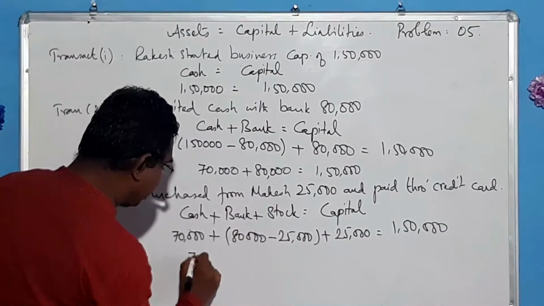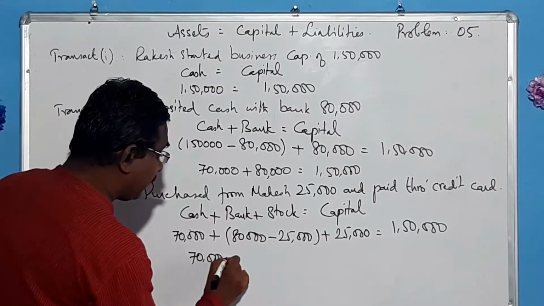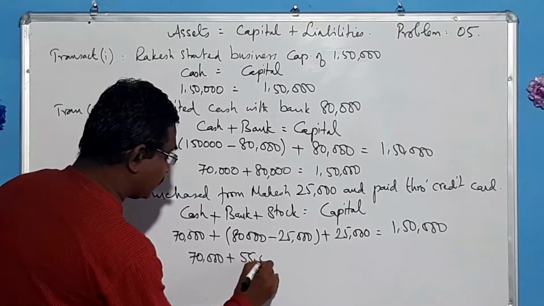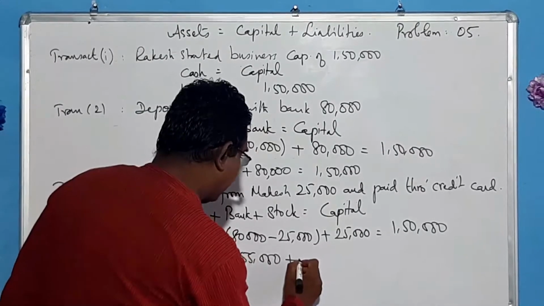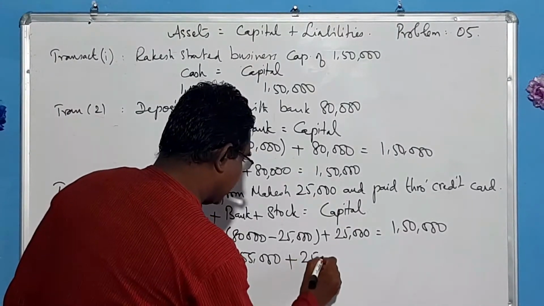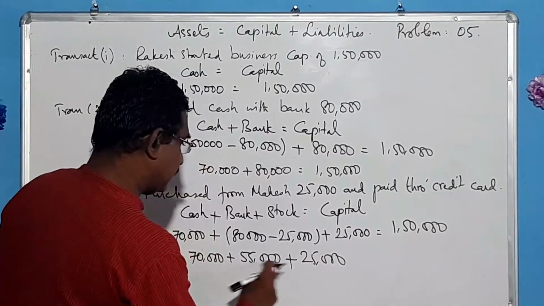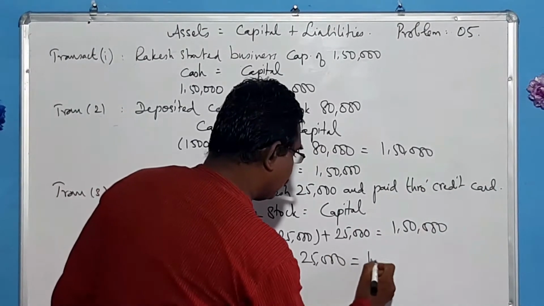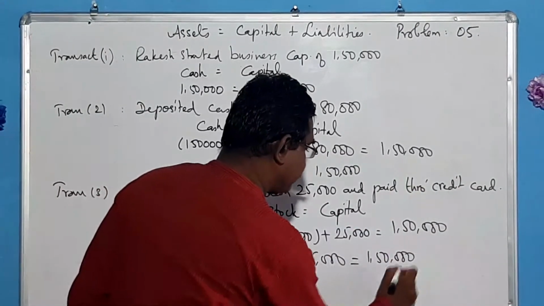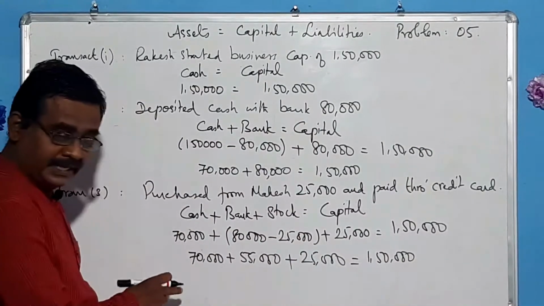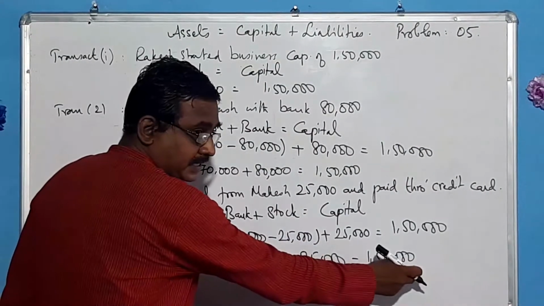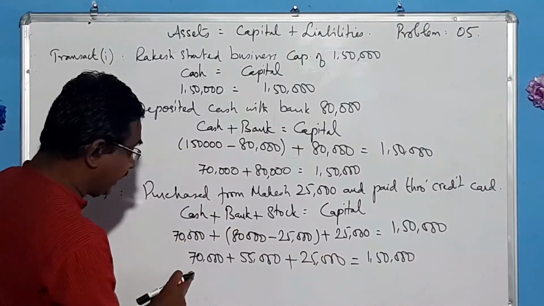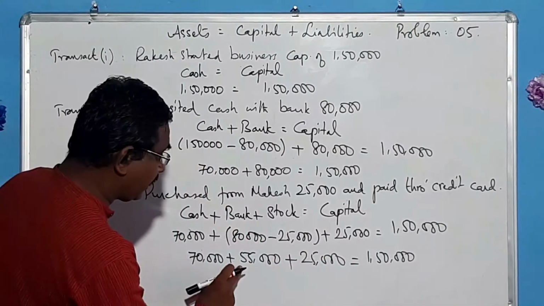So cash 70,000, bank 55,000 and stock 25,000 is equal to 1,50,000. Then add these totals, and this sum must be equal to this side: 70, 125, 150.